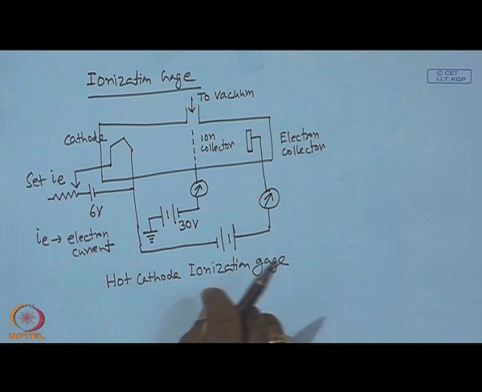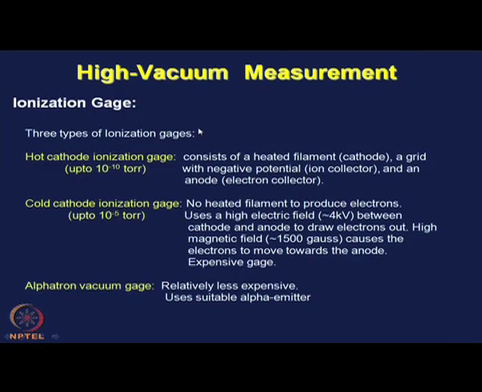There are three types of ionization gauges: hot cathode ionization gauge, cold cathode ionization gauge, and alphatron vacuum gauge. What we just discussed is hot cathode ionization gauge.